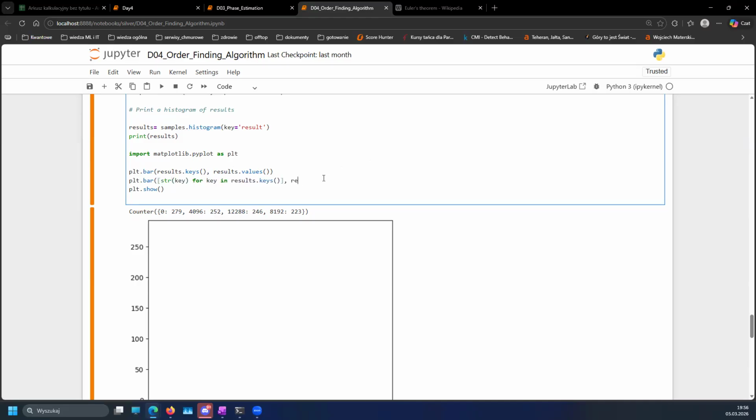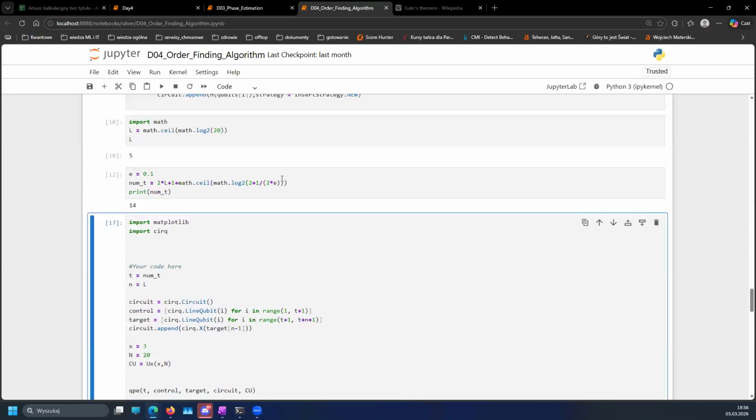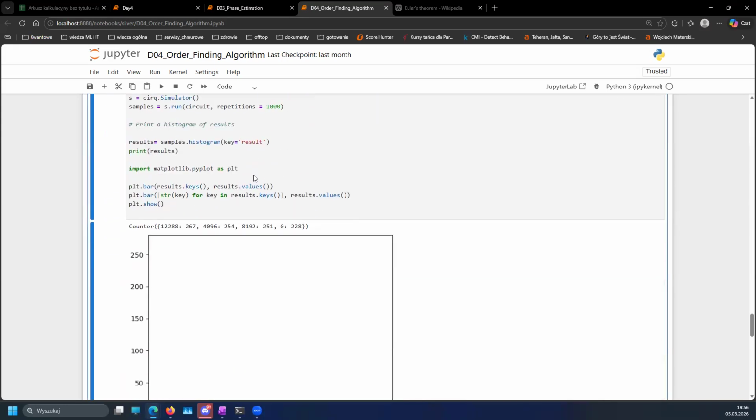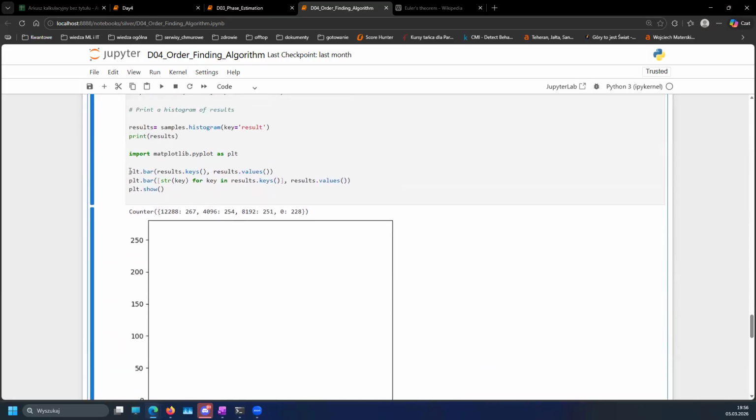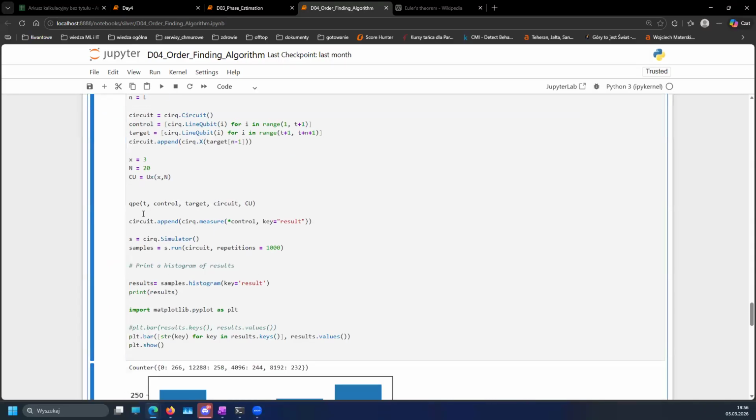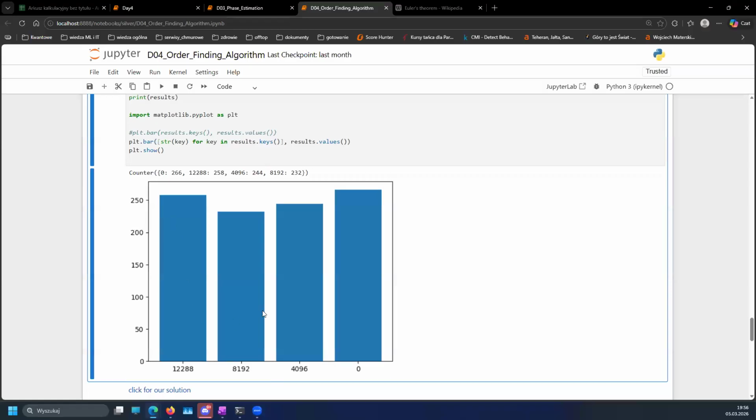And as the second argument of the bar function, let's call the values. No? Okay, now it works perfectly.